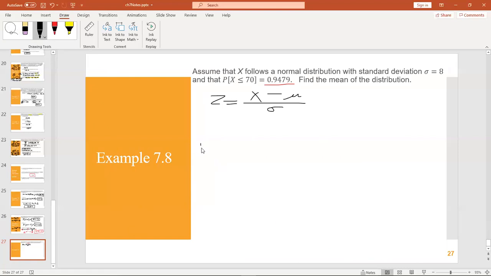And so we can do the inverse normal. We know that the percentile is this probability, 0.9479. For a standard normal, we know that 0 is the mean. We know that 1 is the standard deviation. So the first thing we can do is find the z that will correspond to these values.